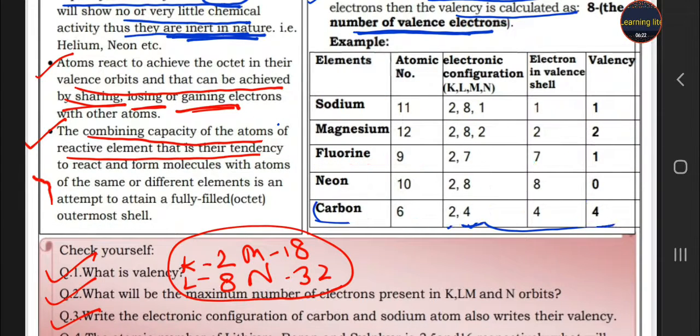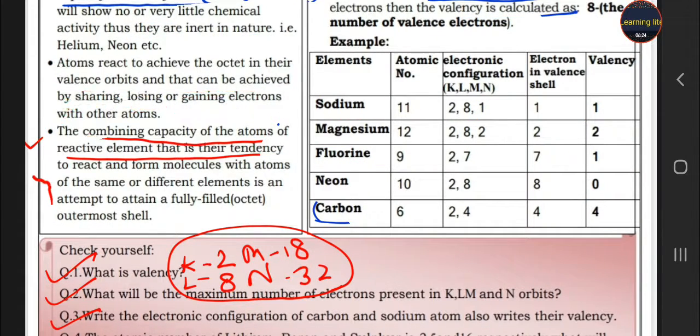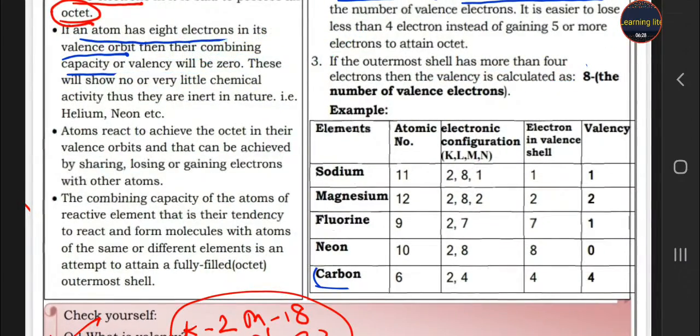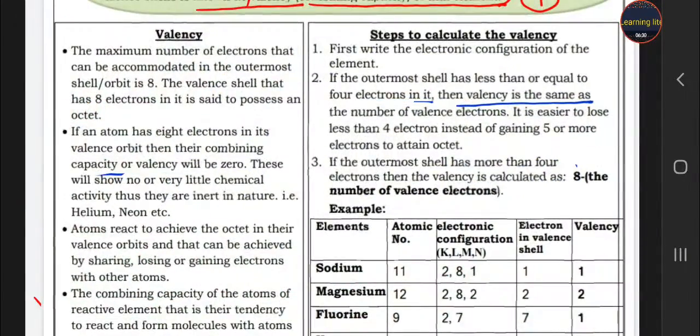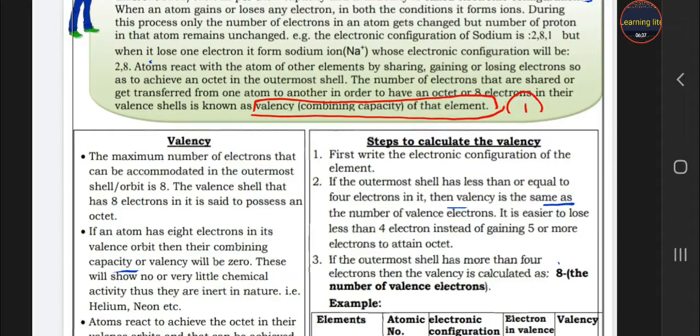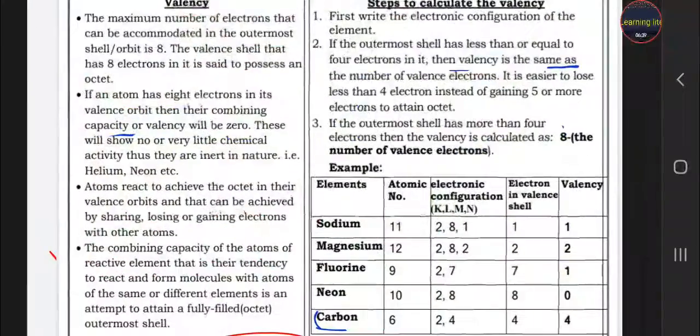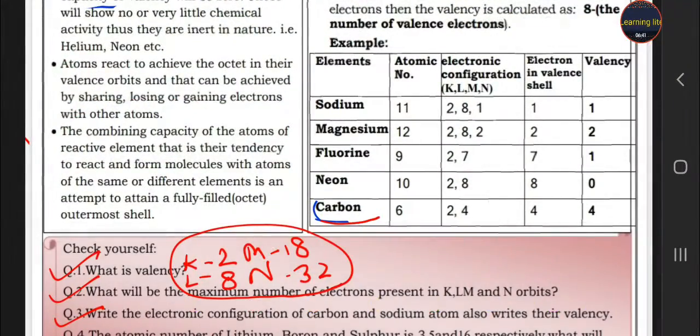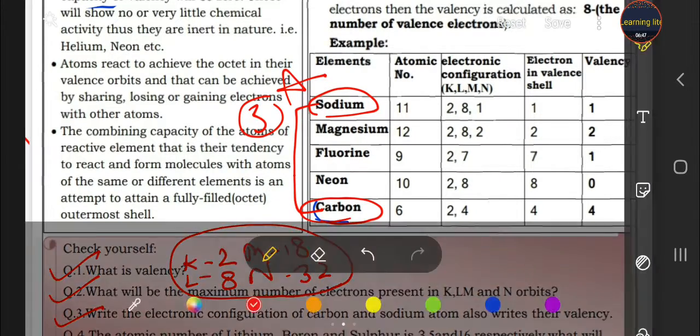It is given here. You have to write the configuration from there for carbon and sodium, and this is your third answer, student.